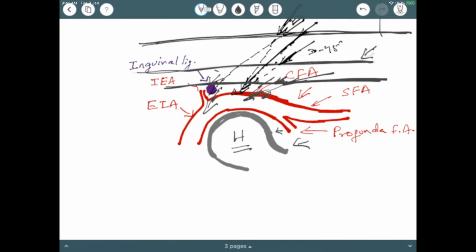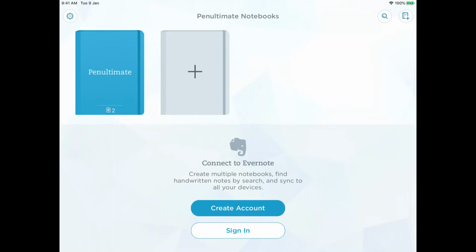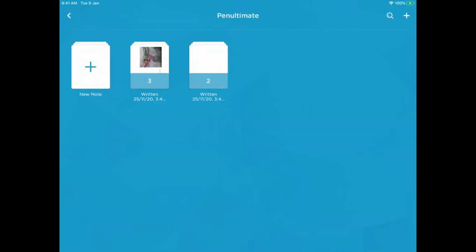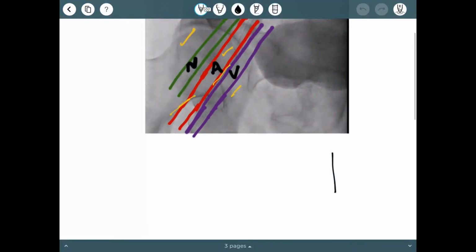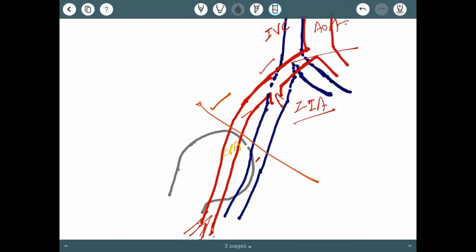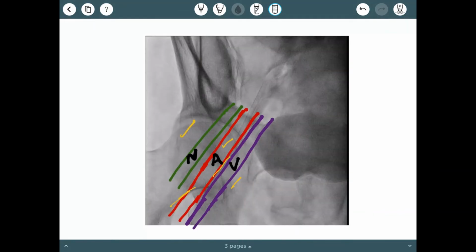So for fluoroscopic guidance, I'm again repeating that you should always remember the relationship of the artery and vein with the femoral head.